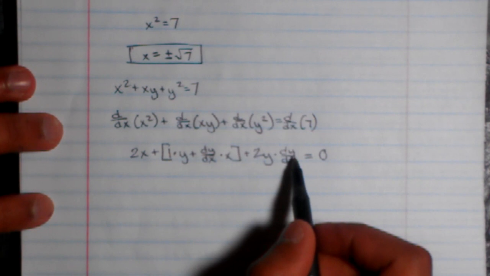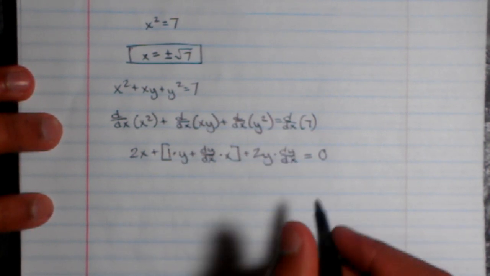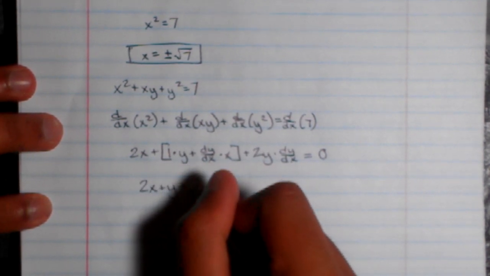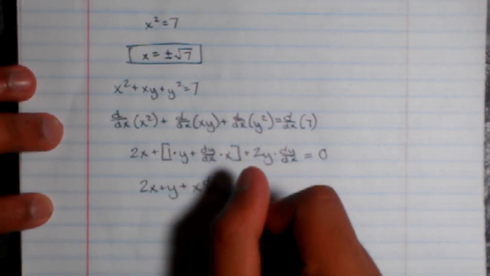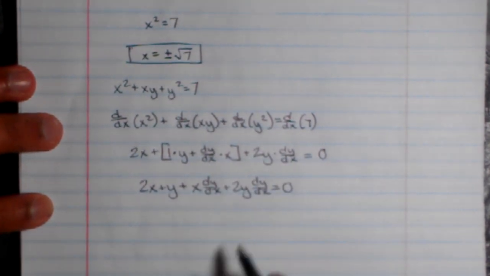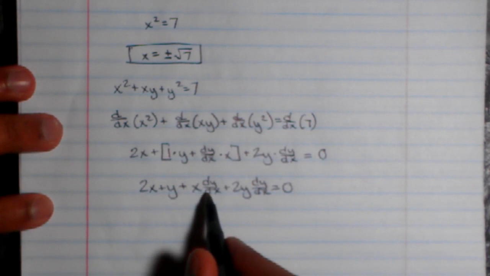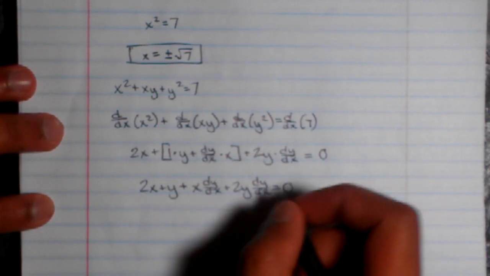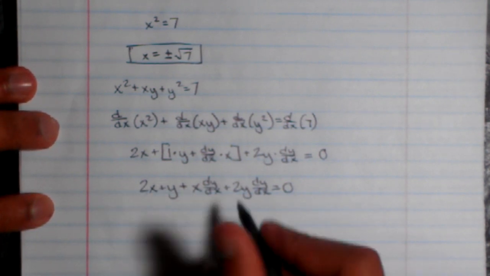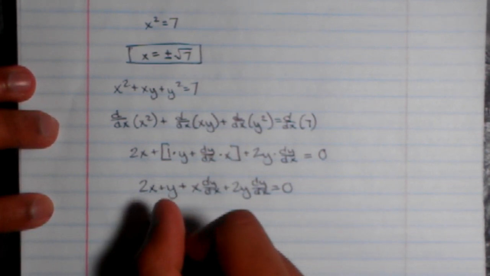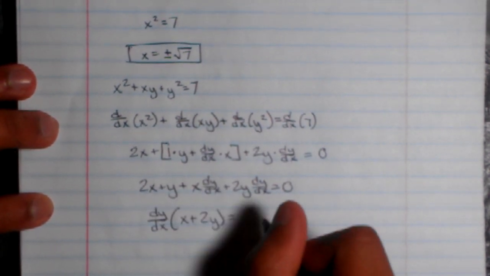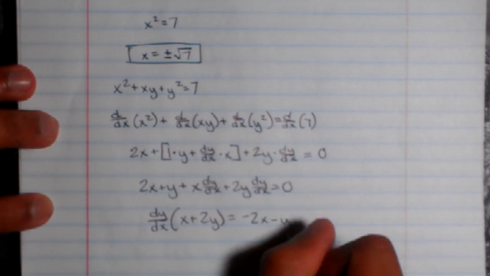And now we have to isolate all the terms containing dy over dx. But first, 2x plus y plus x dy over dx plus 2y dy over dx equals 0. So let's bring all these dy over dx's to the left side, and so we subtract 2x and y from each side to get dy over dx times (x plus 2y) equals negative 2x minus y.